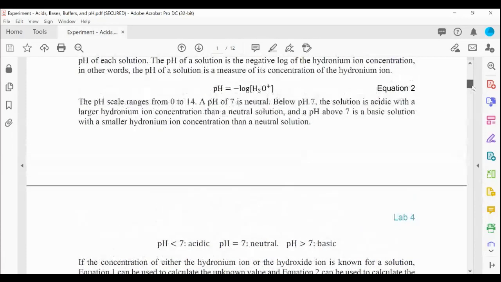And because the pH is defined as minus log of the concentration of hydronium, if I have a concentration of hydronium that is 10 raised to the minus 2, the pH is going to be 2, and it's going to be acidic.